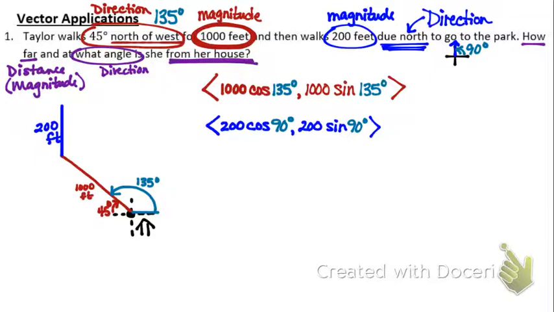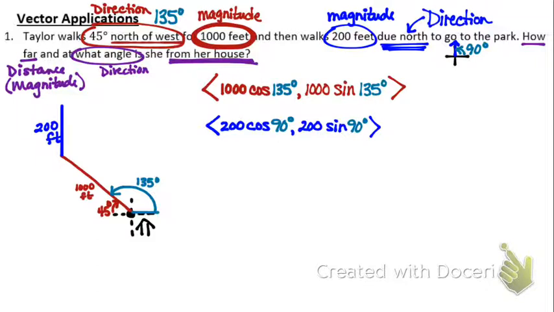So Taylor's off doing whatever. Mom is back at the house. So from the house, how would we describe the distance that Taylor is and the direction that Mom would need to go to get to her? If it says from this, that's where we're standing to find our angle and to find our distance.